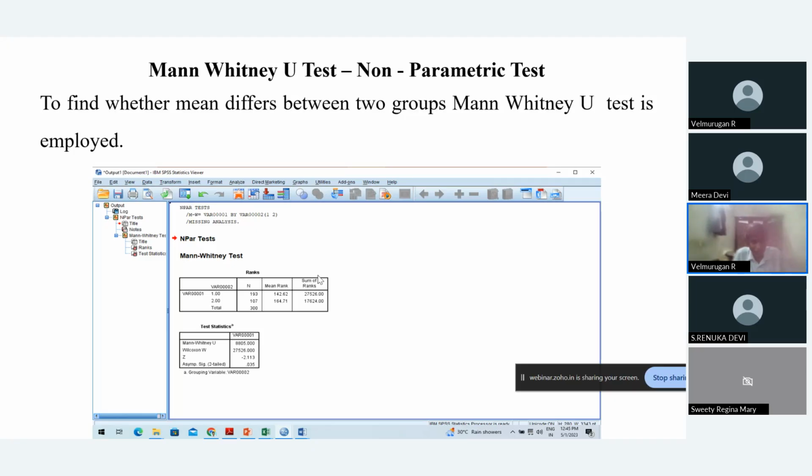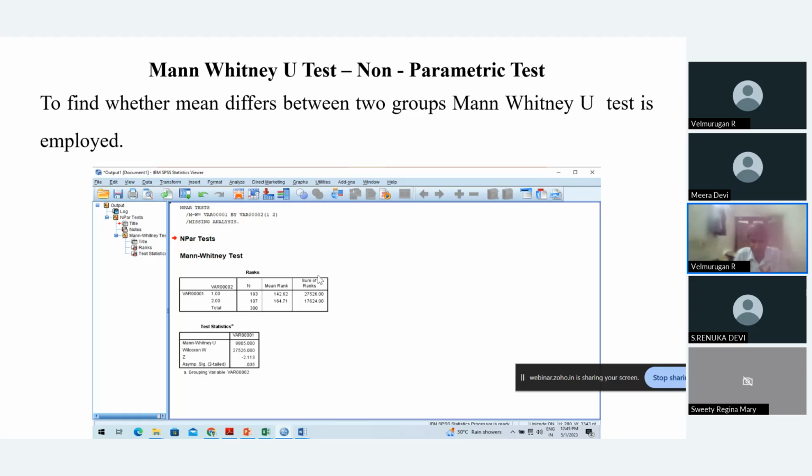If the population is normally distributed, you should employ the independent t-test or z-test. If your data proves that your population is not normally distributed, instead of the independent t-test, kindly employ the Mann-Whitney U test. Any doubts in this regard?